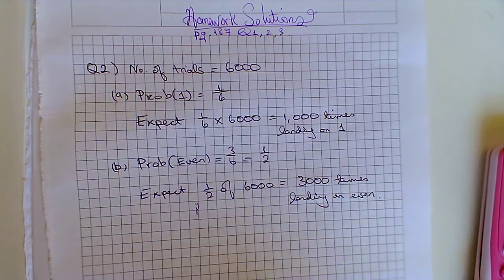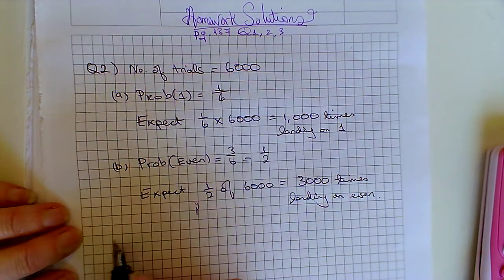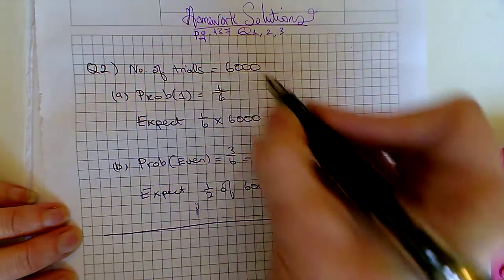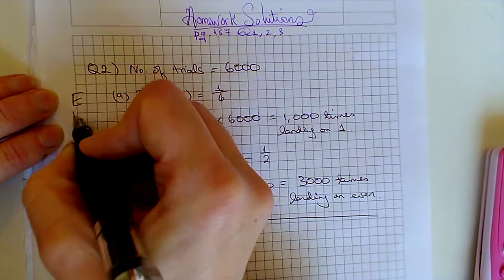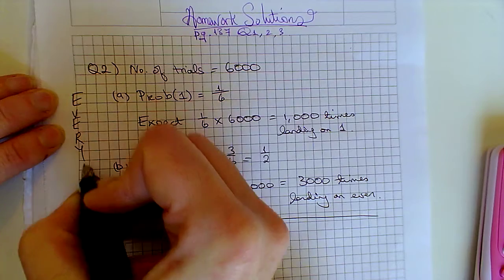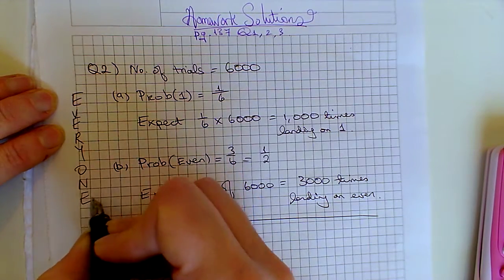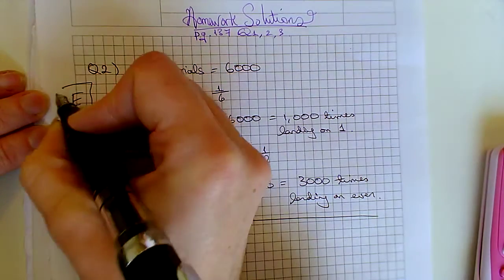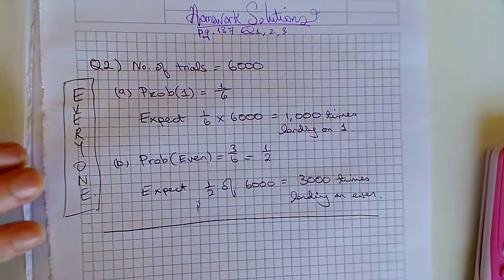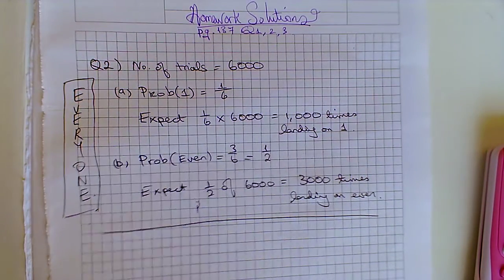Okay, so that's a very straightforward expected frequency. I would hope that everyone, this is another everyone question. So if anyone can't do this, you need to let me know so that I can help you with whatever it is you're not understanding.